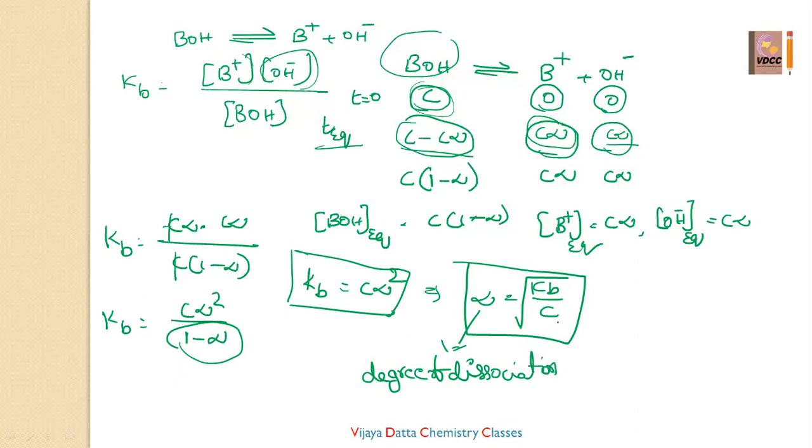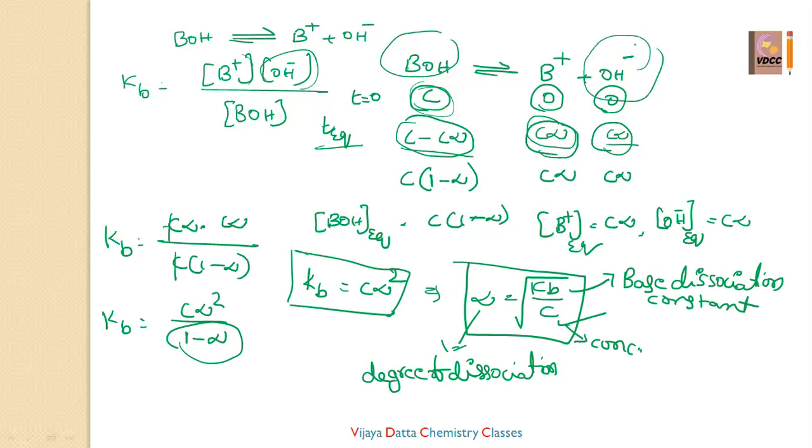C is the concentration and Kb is the base dissociation constant. Now, the concentration of B plus or of OH minus is C alpha. From the equilibrium concentrations, the concentration of OH minus is C alpha, and I already know alpha.